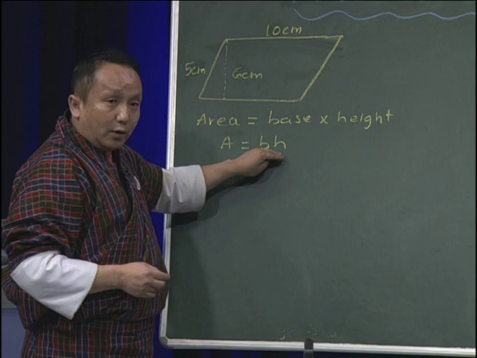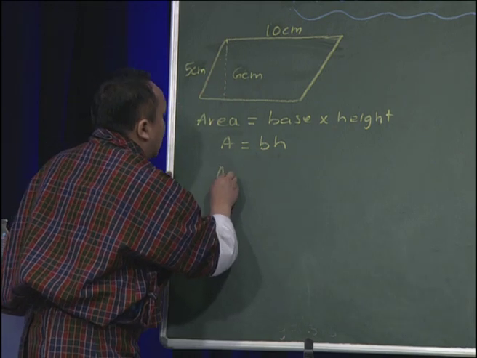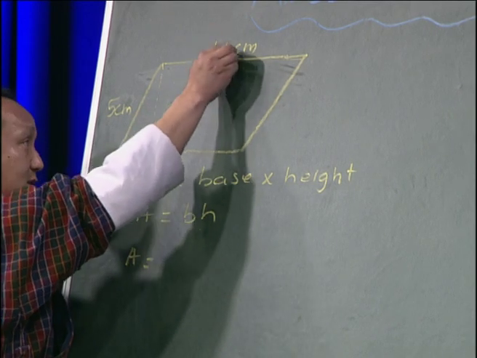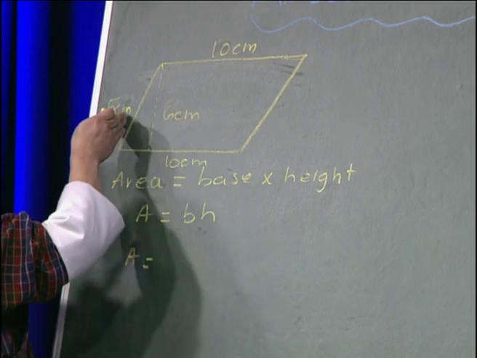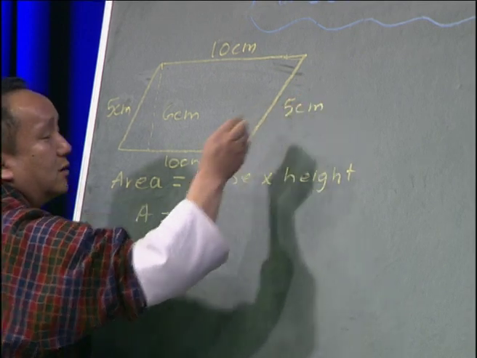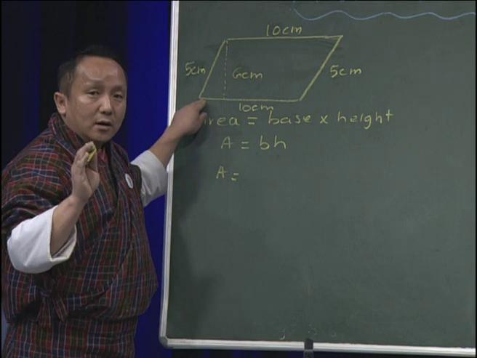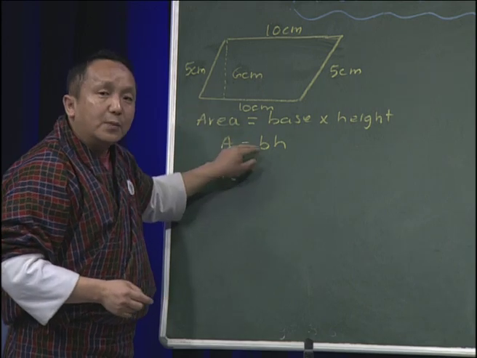you can use this formula because it has the height, right? So to find the area of the parallelogram, if this is 10 centimeter, we know that this is also 10 centimeter. This is 5 centimeter, so that side will also be 5 centimeter. Since height is constructed from here, 10 centimeter becomes the base. So to determine the area of this parallelogram, the formula is base times the height.